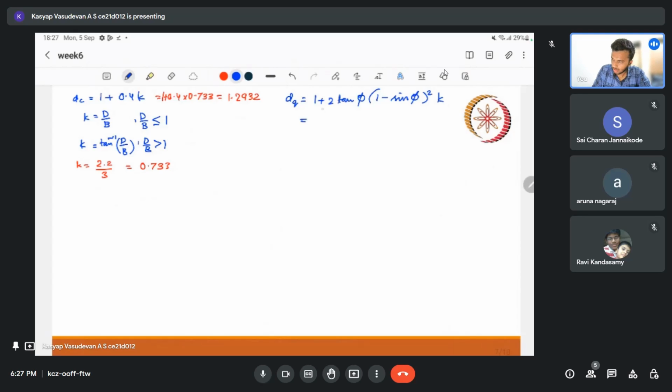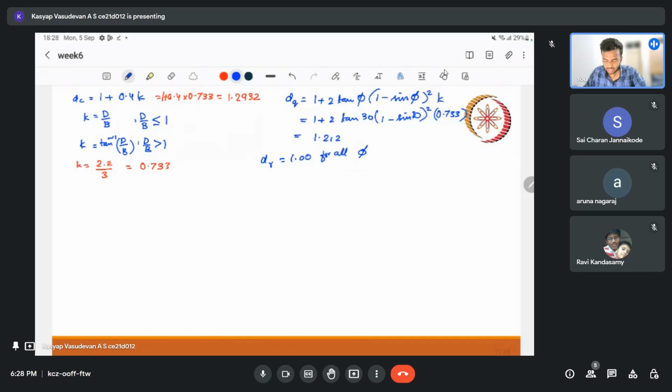So 1 plus 2 tan 30 into (1 minus sin 30) squared into 0.733. This value is 1.2. So Dc we have, Dq we have, next is D gamma. D gamma is given as 1 for all phi values.